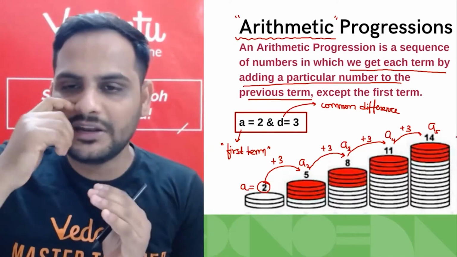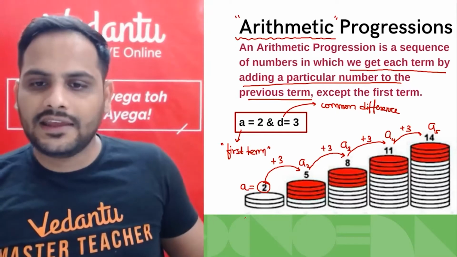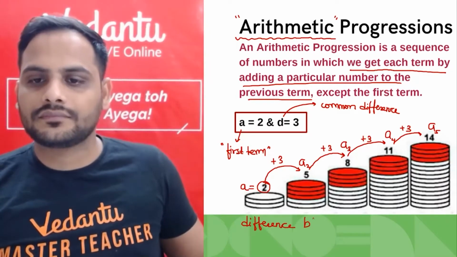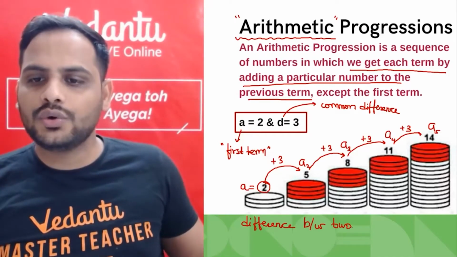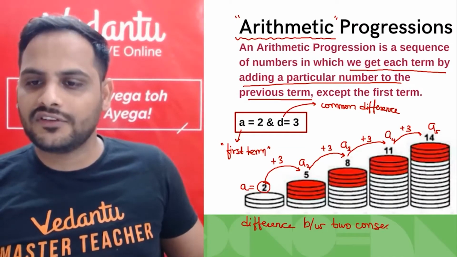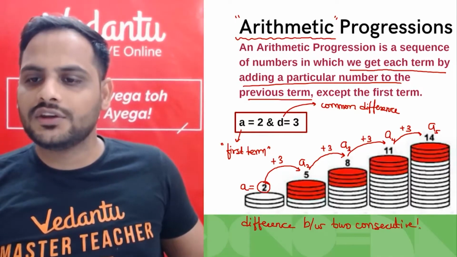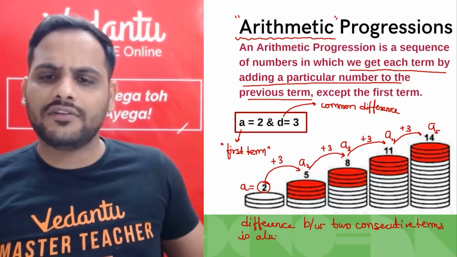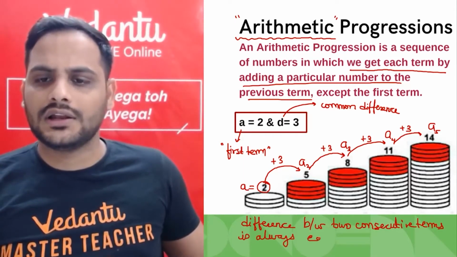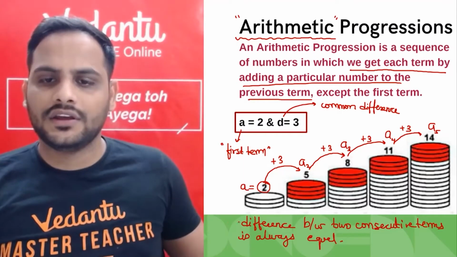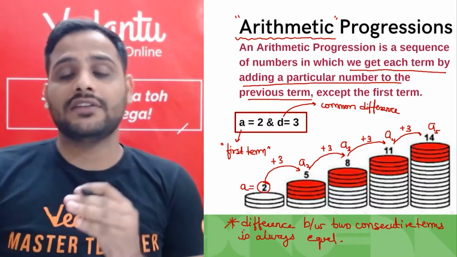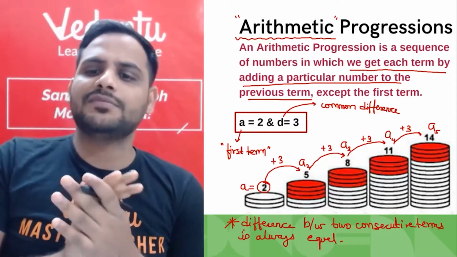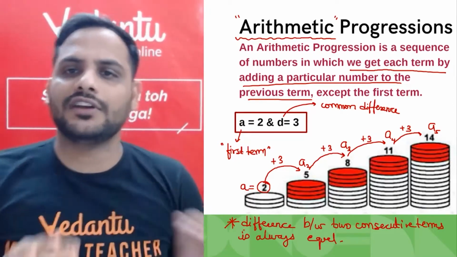So arithmetic progression, beta, in a simple way: the difference between two consecutive terms is always equal. That's the major thing. Whenever you have to check whether a given sequence is in arithmetic progression or not, just remember the difference between two consecutive terms will always be equal.